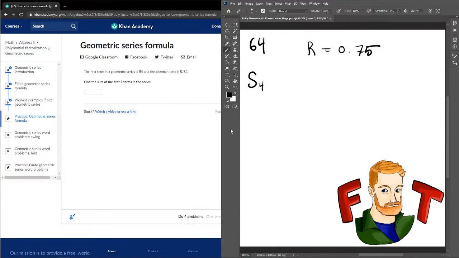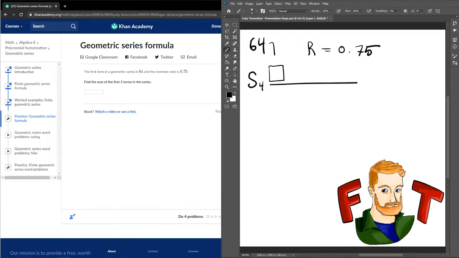What I learned from the worked examples is that these are set up as a division, and what goes here is the first term.